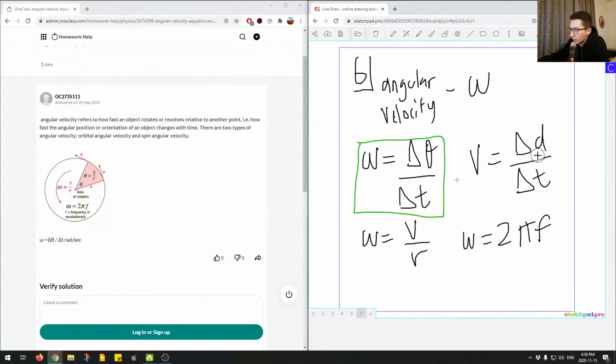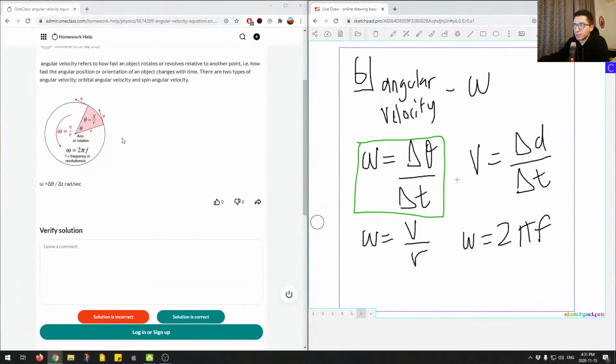So we can see right away how these two mirror each other. Here we're using a linear distance, or a linear change in position, and then we divide by time. Here we're using a change in angle, dividing by time, to get angular velocity versus linear velocity.